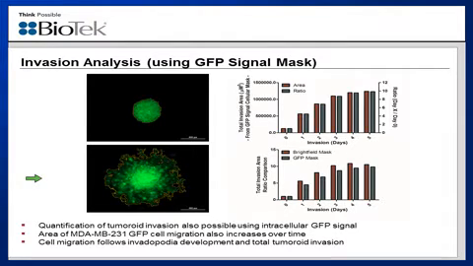The graph on the top right shows the area within all the masks drawn around the images captured on each subsequent day of incubation, as well as the ratio of areas compared to day 0. Then if we look at the graph on the bottom right, we can see the comparison of the area ratios generated using either the Brightfield or the GFP mask, which again allows you to see how the migration of the breast cancer cells compares to the total invasion of the tumoroid structure.